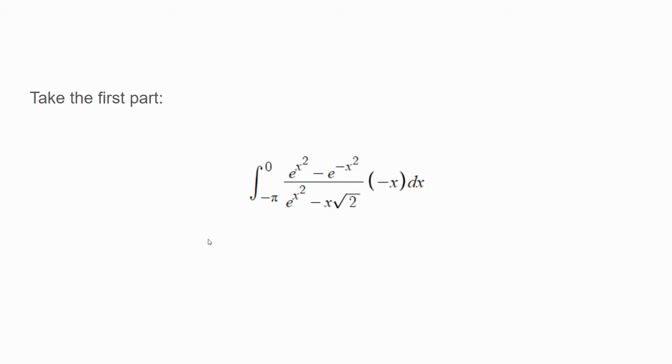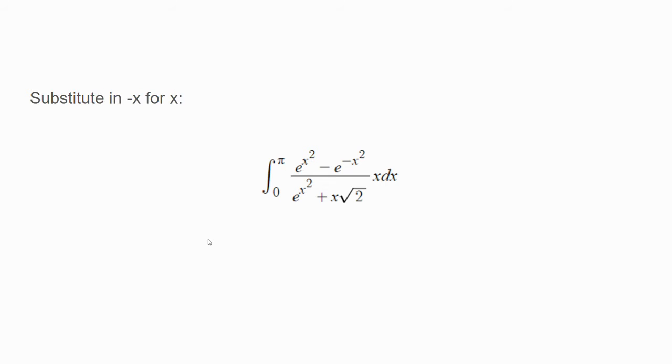And then after this, we can take the first part of it first and try to simplify it. So we have something of this form, and if we substitute in negative x for x, we'll change it into this form by simply flipping around a couple of negative signs. However, note that the top does not change because x squared negates the negative signs.